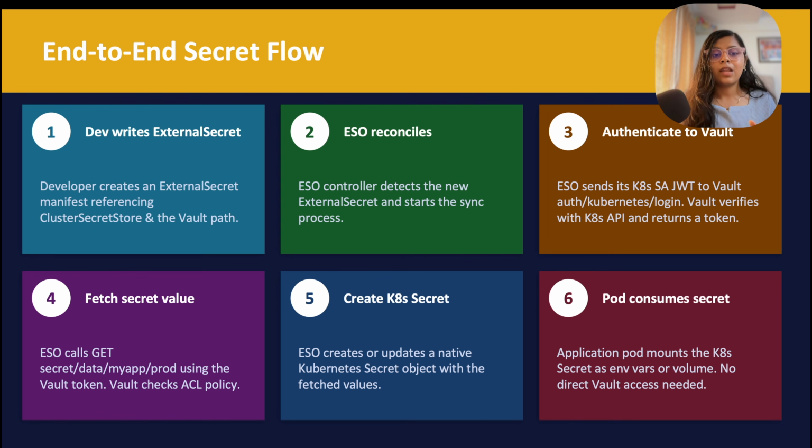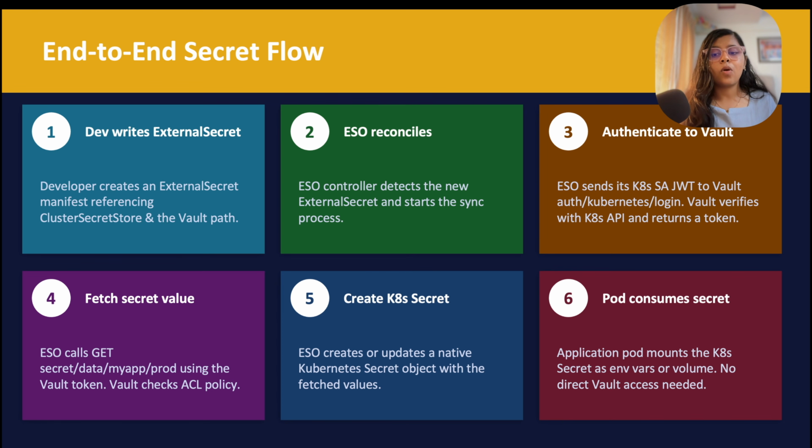Once the secret value is fetched, it is then going to create the K8s secret. It creates or updates a native Kubernetes secret object with the fetched values. Once that is done, the pod consumes the secret. The application pod mounts the K8s secret as env variables or volumes.